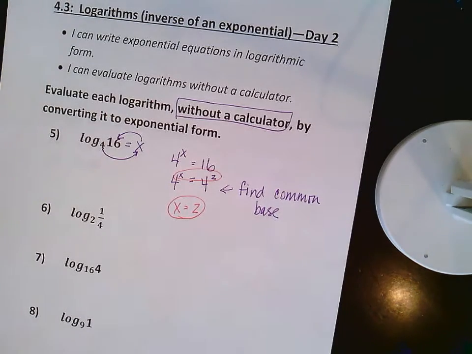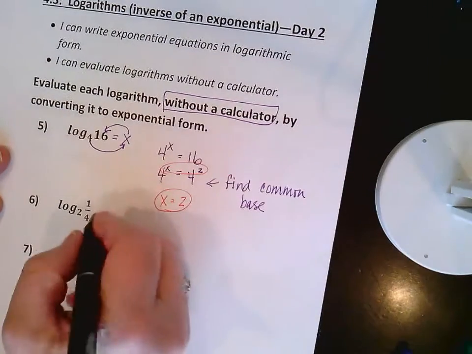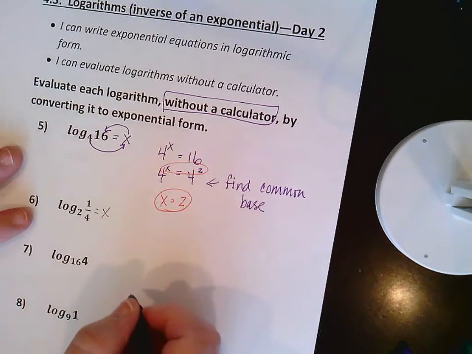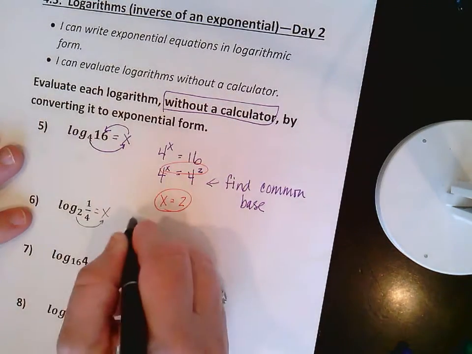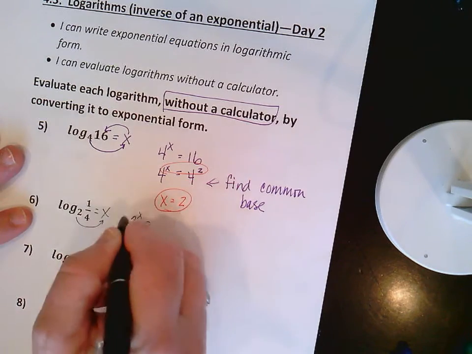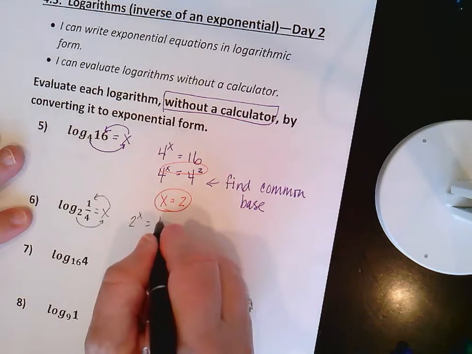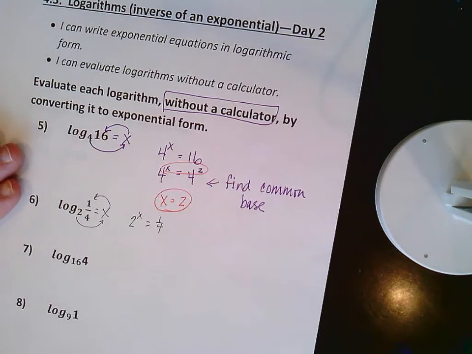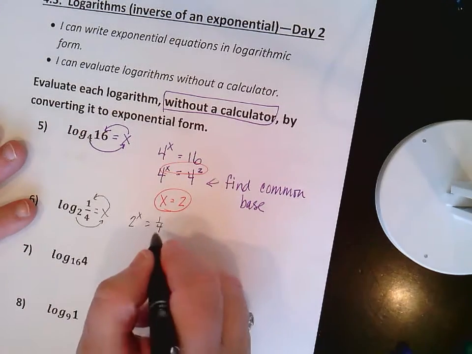So let's try the next one. I'm going to set it equal to x. I'm going to take 2 to the x equals 1/4. Let's think about this. I need a common base. So first thing I'm going to do is make this a base of 2.